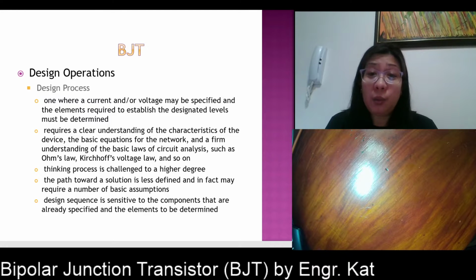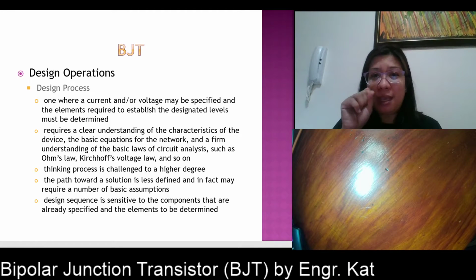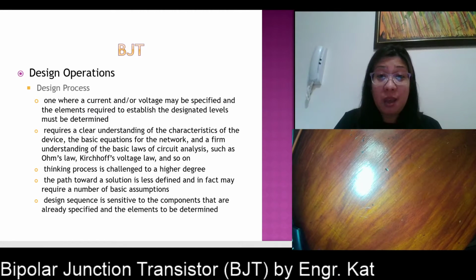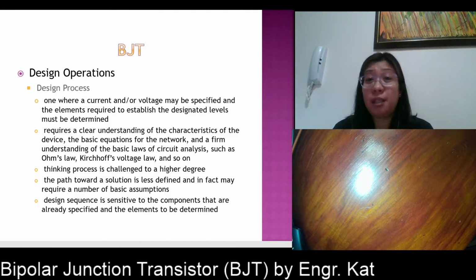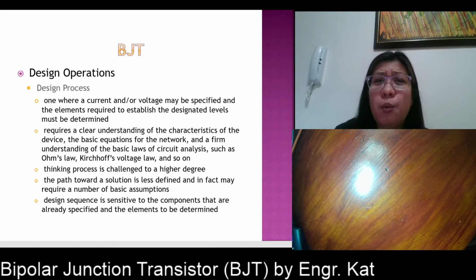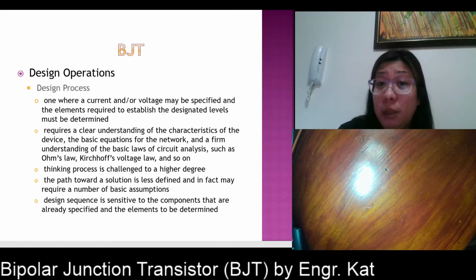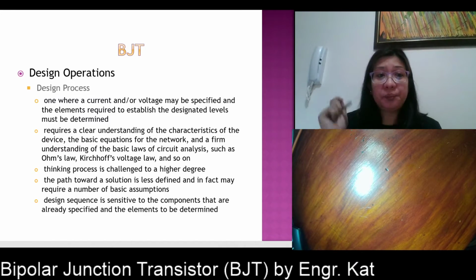In this one, we really don't have a step number 1, solve for IB. Usually IB is given, IC is given, voltages are given. What we are trying to solve here are the resistors: what is RC, what is R1, what is R2, what is RB, what is RE.